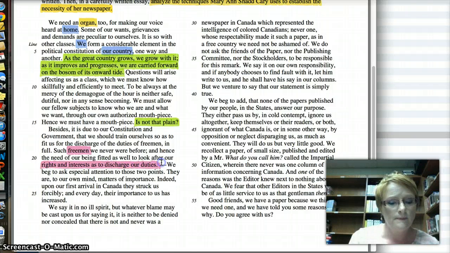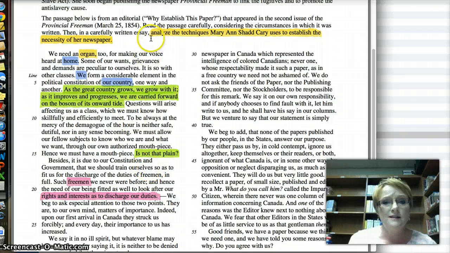Now, the question is: does this use of the term "free men" and this idea of rights and interests and discharging our duties help establish the necessity of the newspaper? And I think maybe it does, because what she's saying here is that free men know what their rights are and they know what their duties are. This newspaper is designed to help these free men, the people in the fugitive community, know what their rights and duties are.